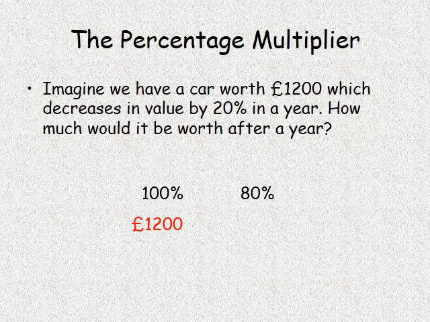So the way to calculate the multiplier, remember, the new value divided by 100. So the new value is 80. 80 divided by 100 is of course 0.80. Then we must multiply 1200 by 0.80, and the answer we get is 960.